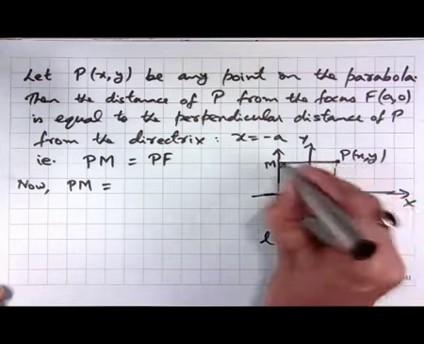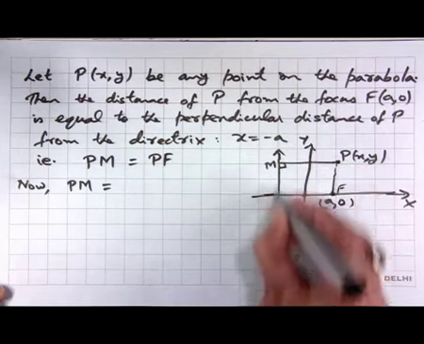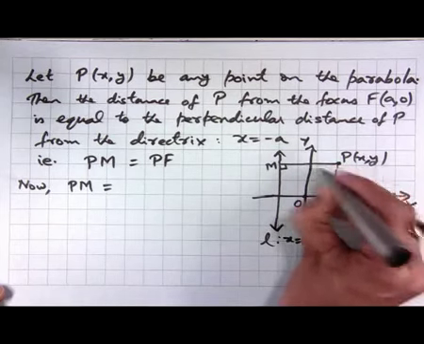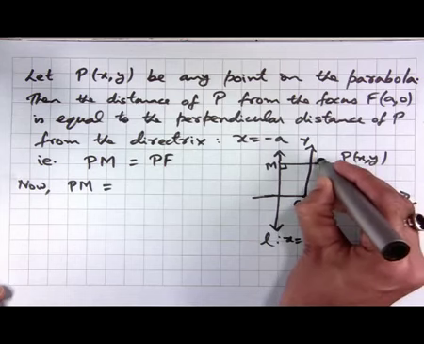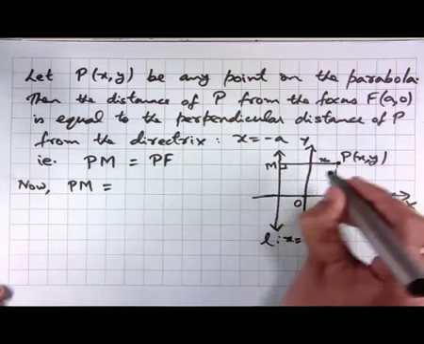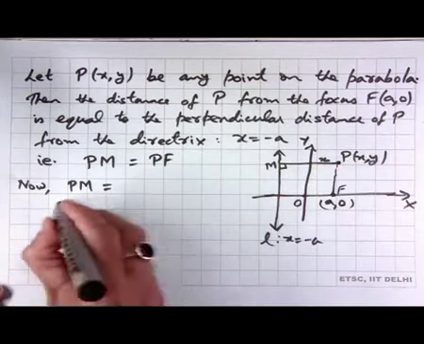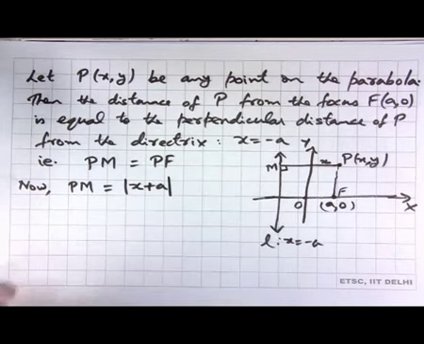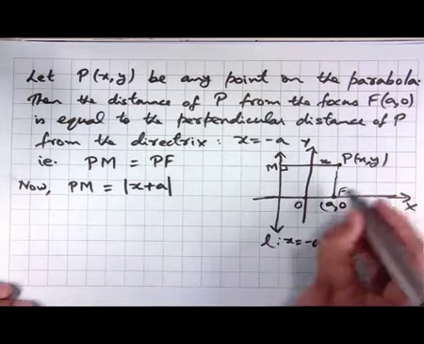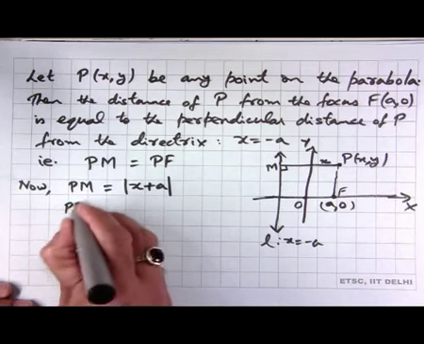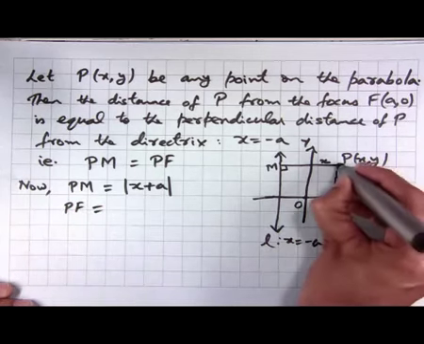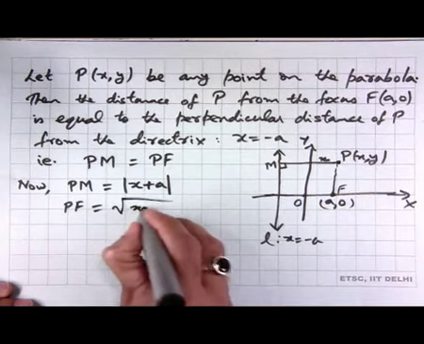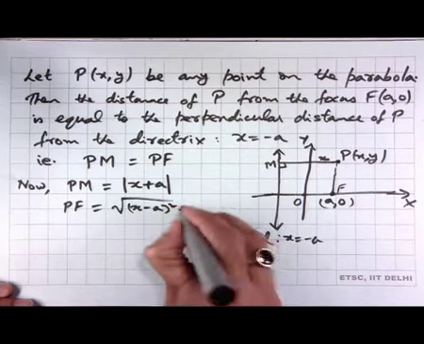This is nothing but the distance of this point x comma y from the line x equal to minus a, which is equal to this distance. If you see, this is equal to x plus a in modulus, and the distance P F is equal to the distance of the point x comma y to a comma 0, which is square root of x minus a square plus y square.